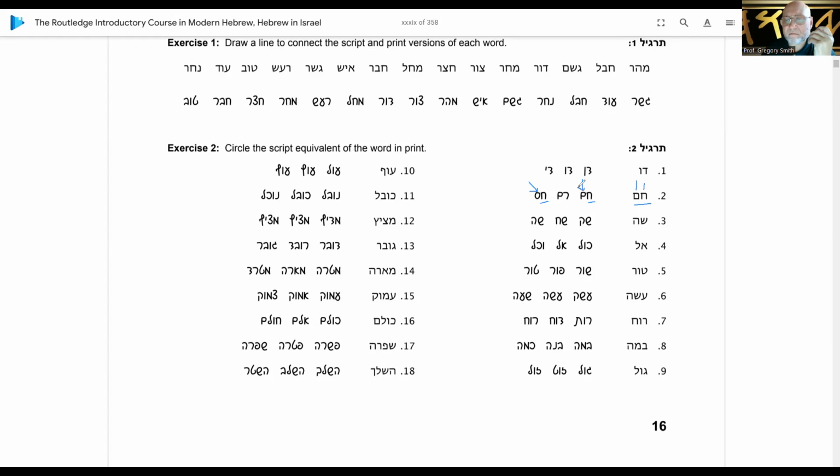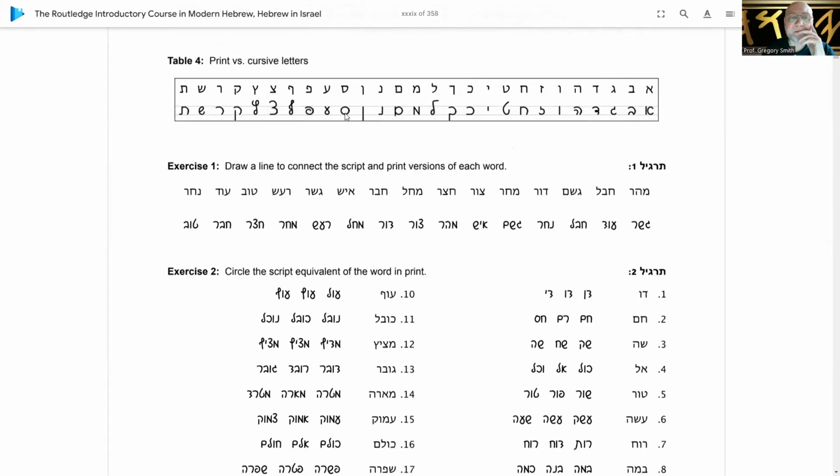So it's going to be the first one, because remember the mem sofit almost looks like a little thing with a little tail coming down. I'm almost certain that's samech. So let's take a look at our chart here.